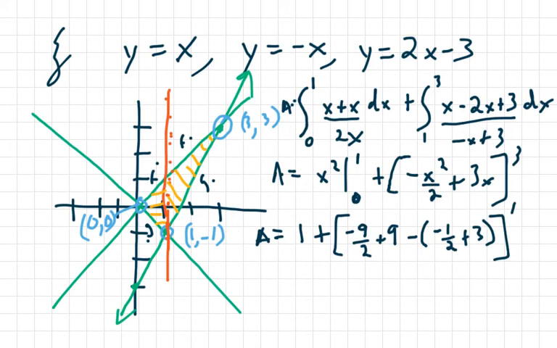I've plugged in the 1. And that's what it looks like. So we go and we simplify all that out, and we get a magical, wonderful 3 units squared. When you go and solve that, you'll see that the answer comes out to be 3. So the area of that triangle on the left plus the area of the triangle on the right, that's all shaded in yellow, works out to be 3 units squared.